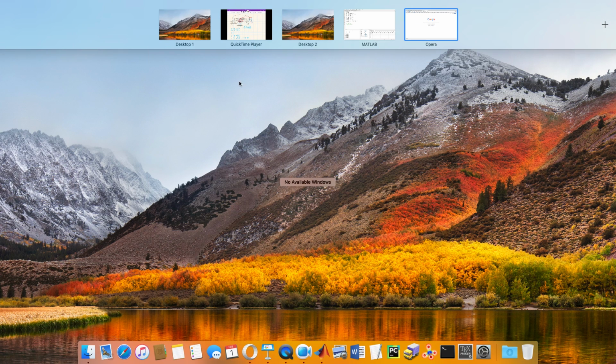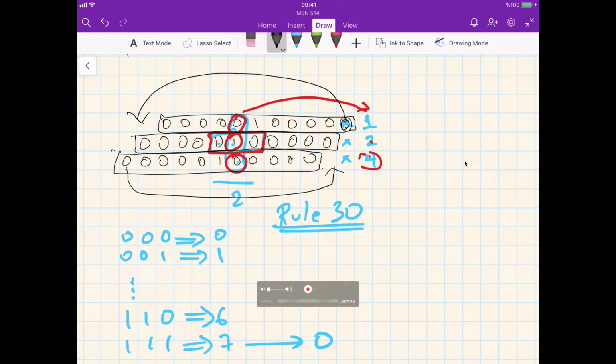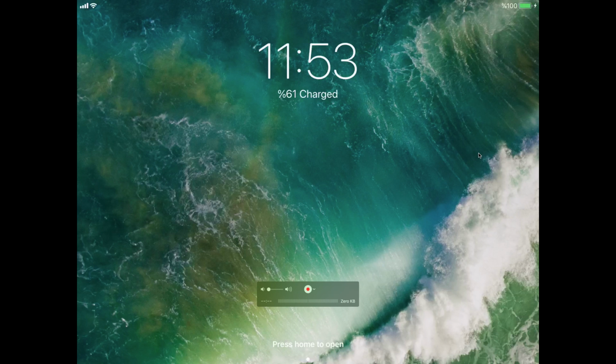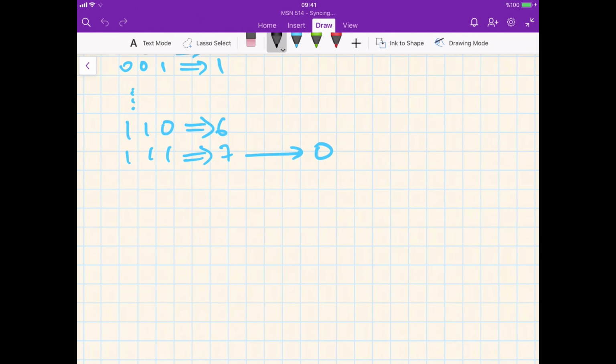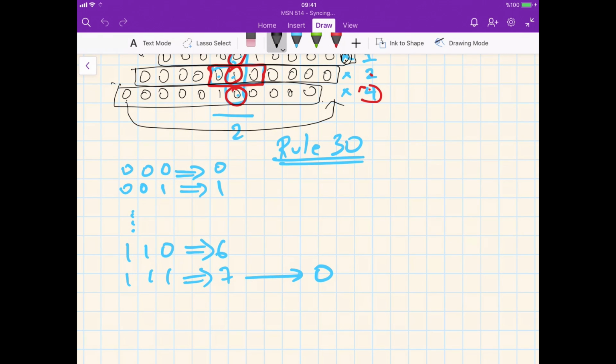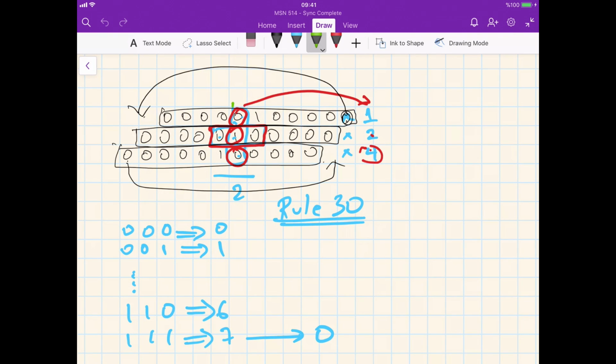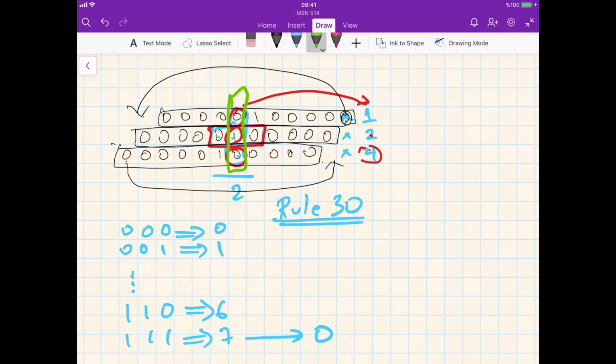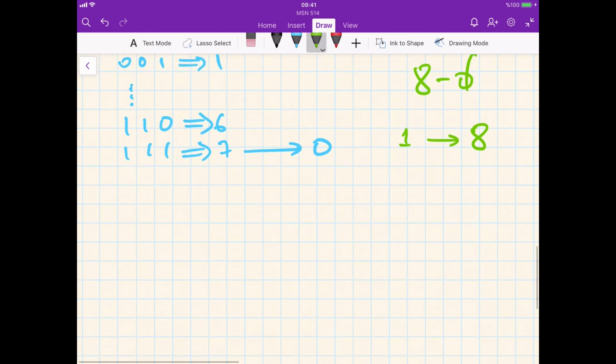Let's remember our process of thought. Basically, I will calculate for each of these cells a number that is between, if you calculate this 8 minus D stuff, it's between 1 and 8, excuse me, okay? And the rule number 30 is basically something like this.